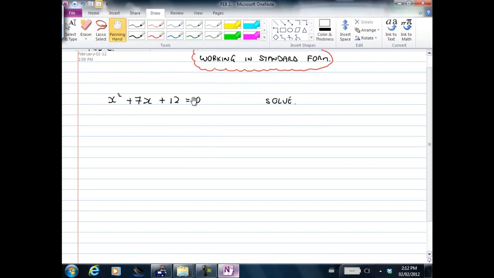When you have this in standard form, this goes back to grade 10. Back in grade 10, your teacher taught you how to solve this using a grade 10 technique. Starts with an F. When in doubt, factor it out.